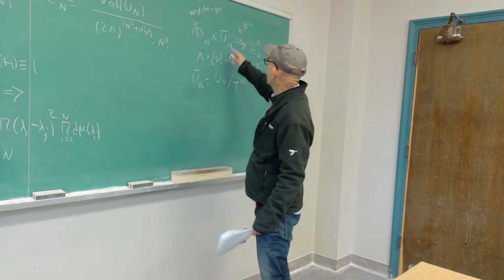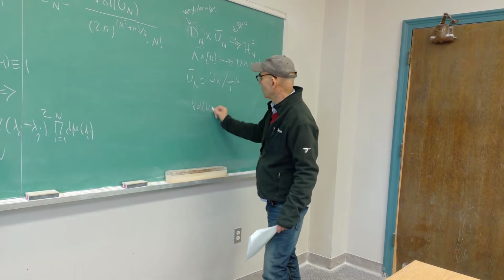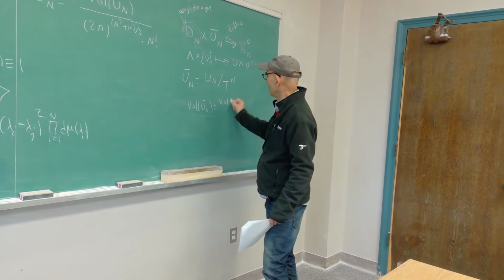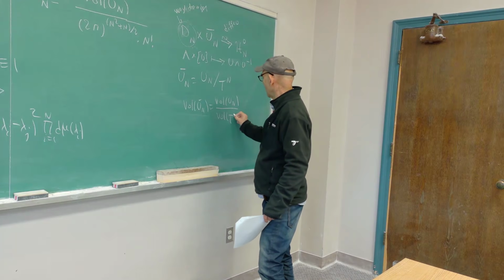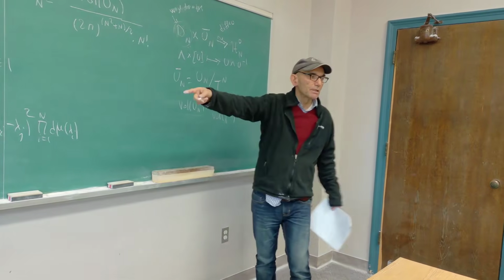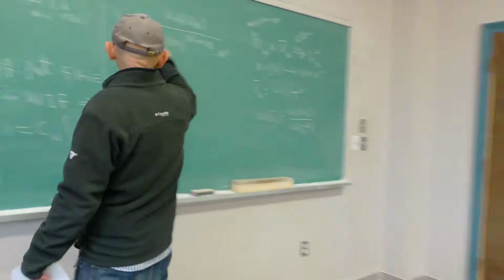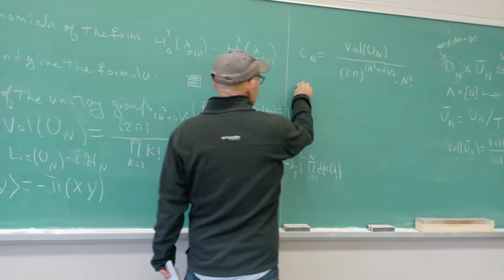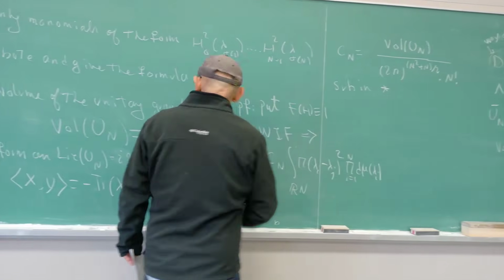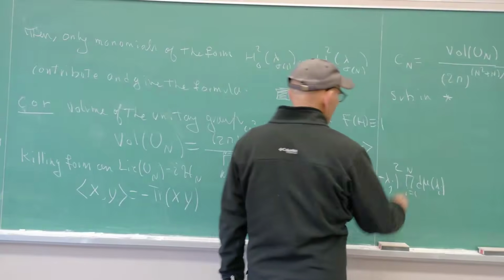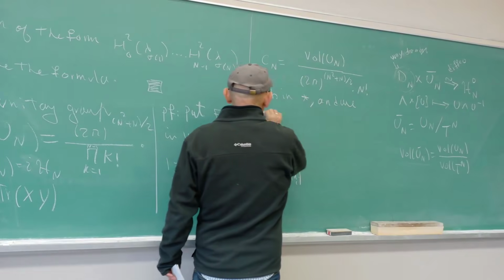And so basically, you see the volume of U_n bar is equal to the volume of U_n divided by the volume of the torus T_n with respect to that inner product. So in any case, we have this. So substitute in here, star, and use that lemma. And use the radius lemma.